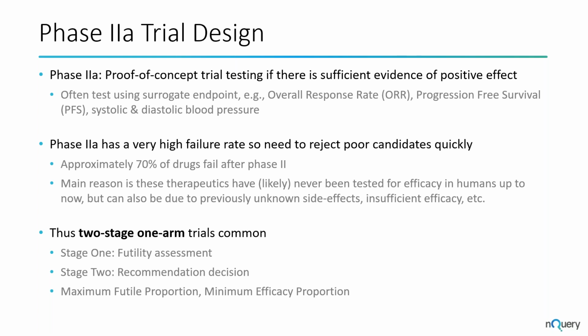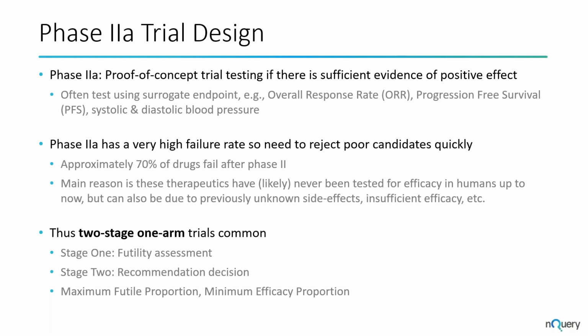All this means that one-arm, two-stage trials are very popular in phase 2a. In this type of trial, everyone will receive the treatment. For your first stage, you recruit the required number of subjects, measure the responses you get, and after conducting your statistical analysis, if you're below a threshold, you won't continue any further.